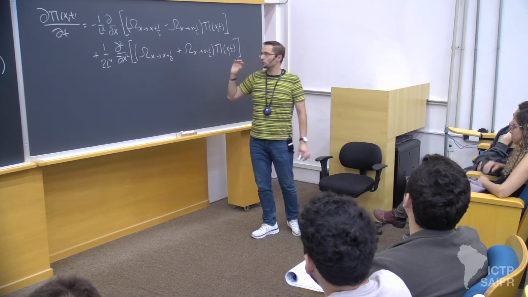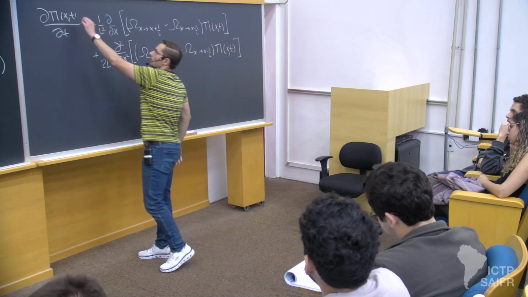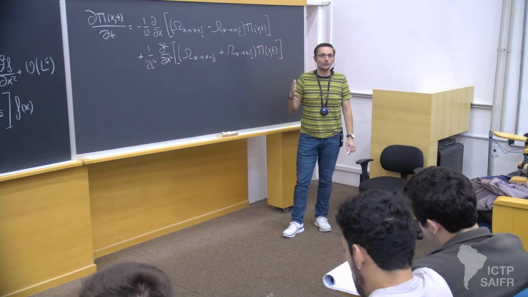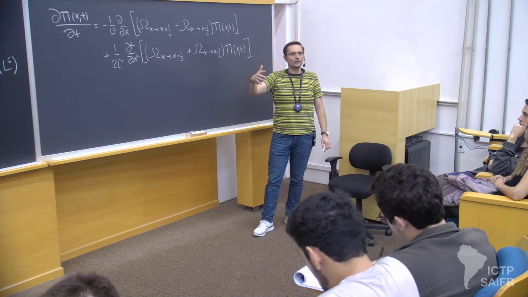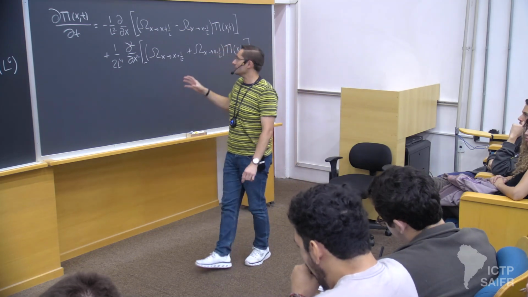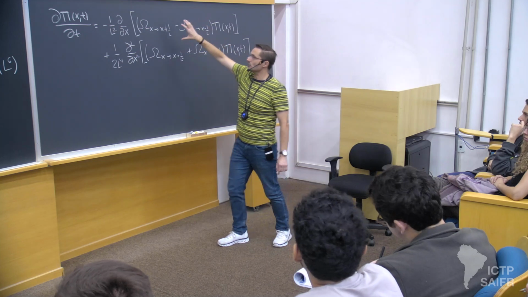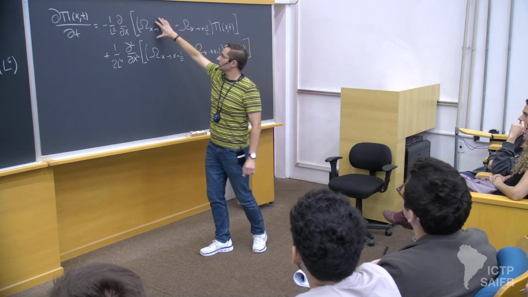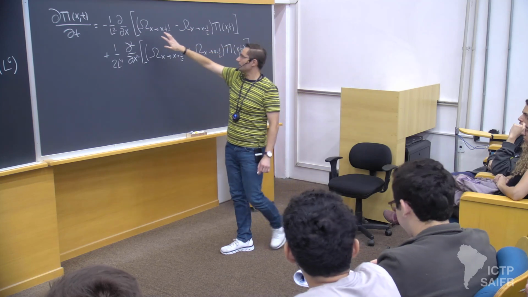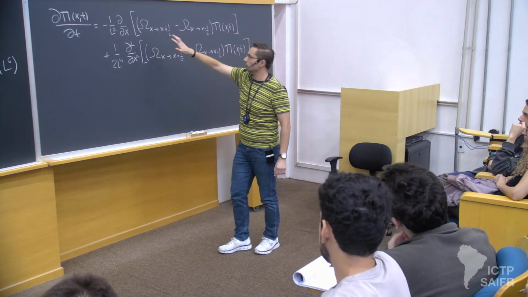So basically, what you have now in this equation, which is a generalization, if you want to think in those terms, of the diffusion equation that we derived in the first lecture for the symmetric random walk, is an equation that has an advection term and a diffusion term. And notice that the transition rates are proportional to L squared.